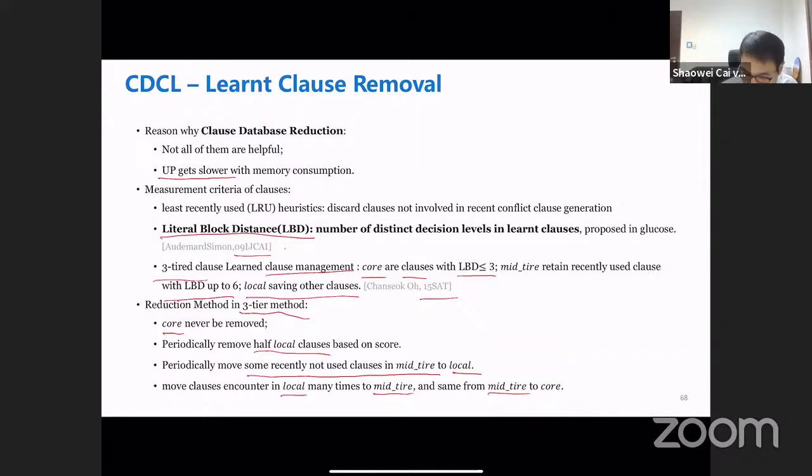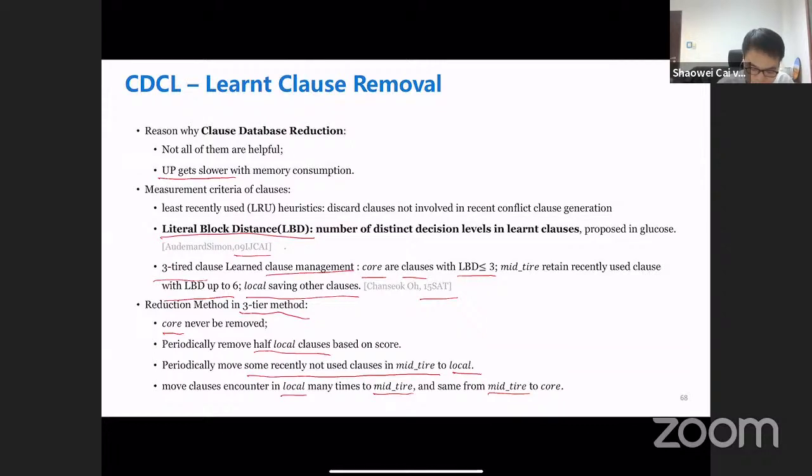So in this three-tier method for clause management, we never delete the core clauses. So it means that we have the experience that the number of core clauses will not increase dramatically during solving. Yeah, we have that observation. In the paper it shows that. Also, we have the dynamic updates.